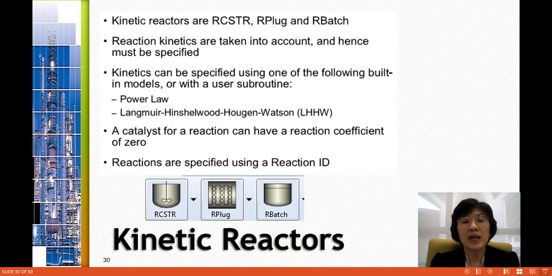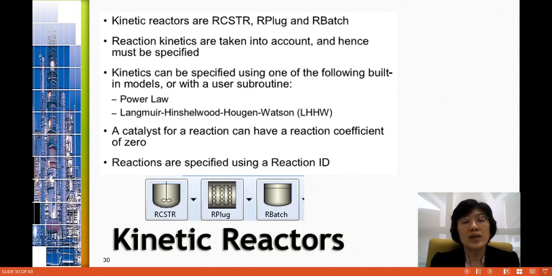But if you want to include your own kinetic equation with a special format, you can use the user subroutine function. A catalyst for a reaction can have a reaction coefficient of 0, meaning that even though you are using the catalyst, it does not get involved in the chemical equation. You only use the catalyst to expedite the reaction and to increase the rate of reaction.